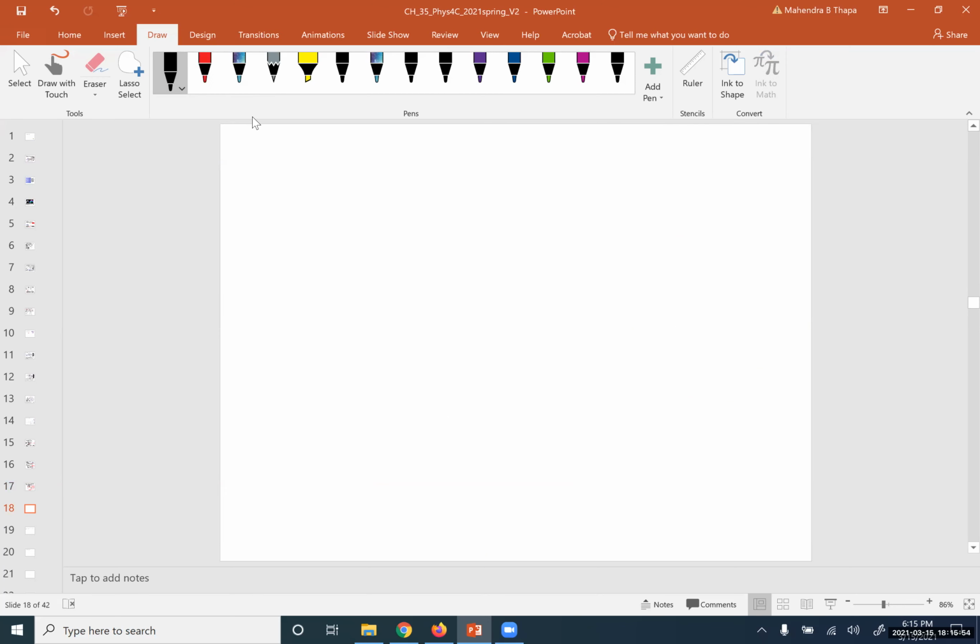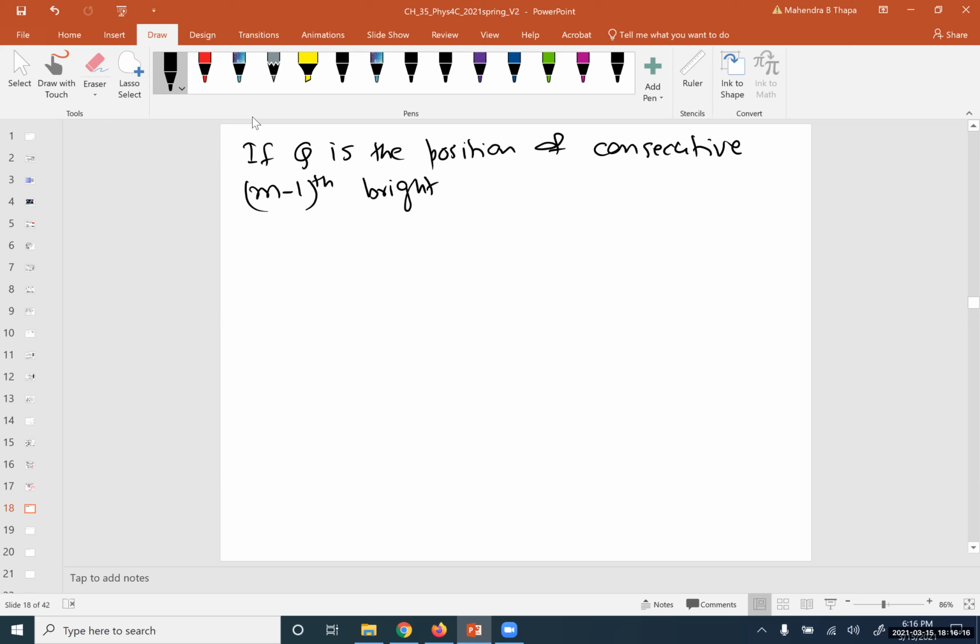If Q is the position of the consecutive, say m-1, bright fringe or spot, then we can write y m-1 equals (m-1) lambda D over d.